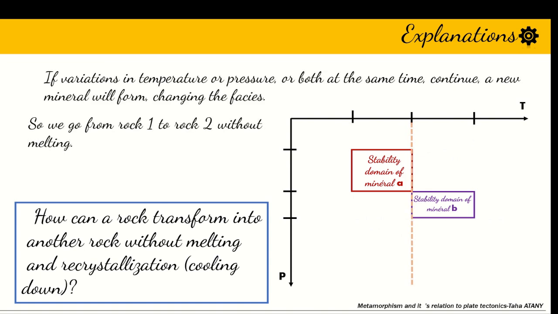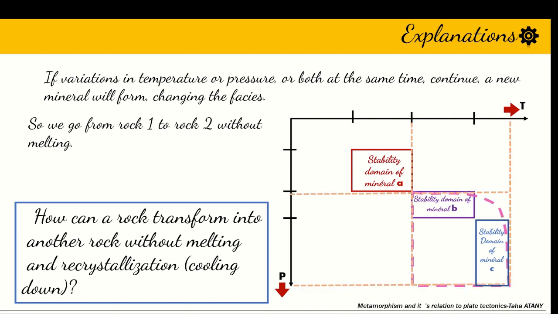Now, if variation of temperature, pressure or both continues, a new mineral will form. Here it is, mineral C. Therefore, if mineral A disappears and mineral C appears, we'll move to a new facies, metamorphic facies 2.